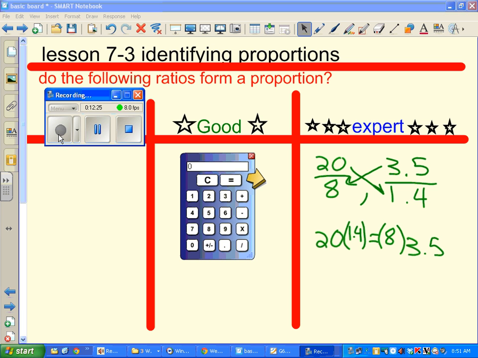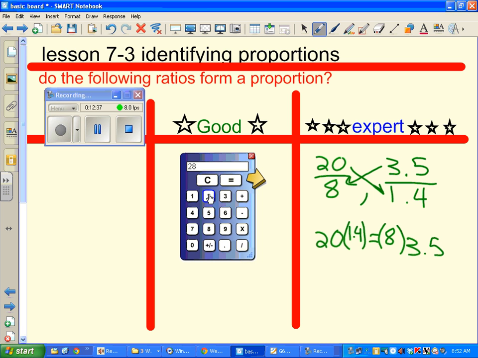All right, I pulled out my handy calculator in the meantime, and this is where a calculator could be handy. I do 20 times 1.4. I get 28. Now if I clear that out, 8 times 3.5, and I get 28. So in fact, yes, they are equivalent.